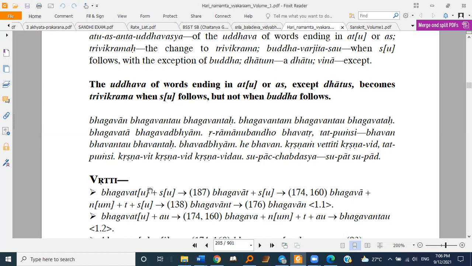Because U is a Chaturbhuja, right? So the word which has Chaturbhuja as the indicatory letter takes Num by that sutra.